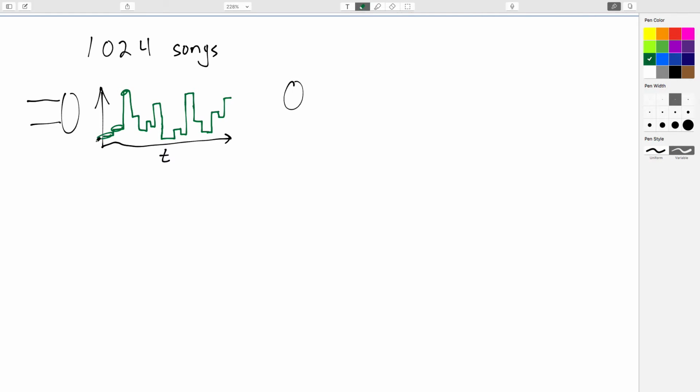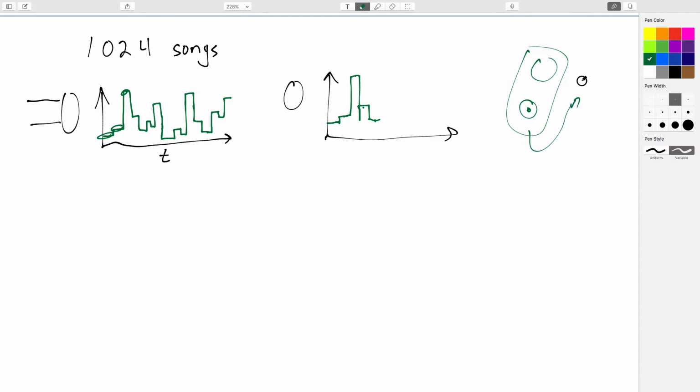You can send that in analog very quickly to your friend, who has a perfectly calibrated system and will know, okay, these correspond to certain songs on my iPod. And then they know how to play the songs really quickly.